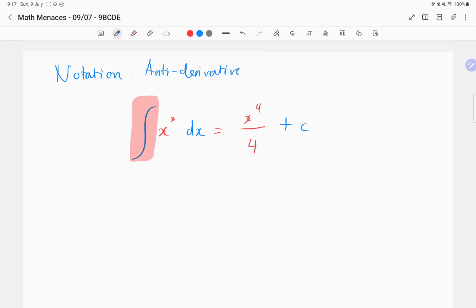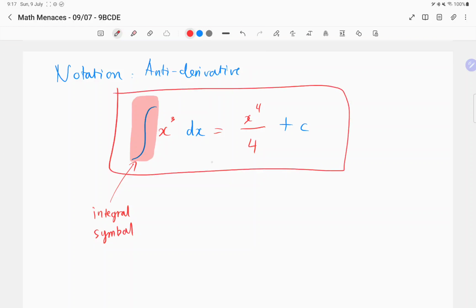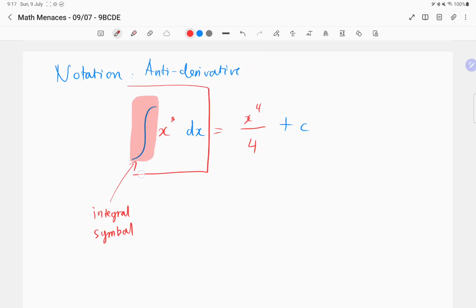But, okay, so this thing is called the integral sign, the integral symbol. And this whole expression is called an indefinite integral.